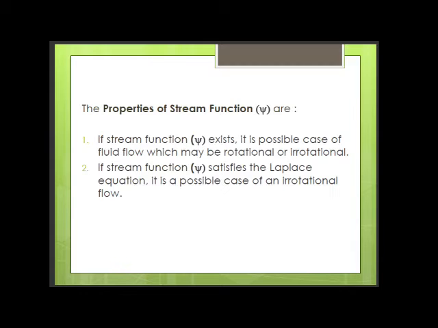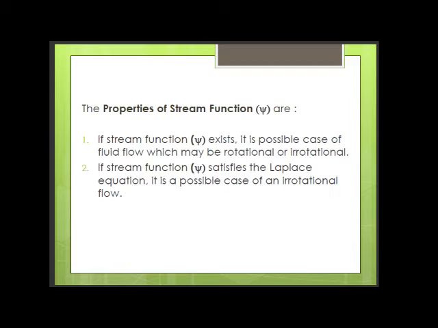Then from that we conclude the properties of this stream function. If the stream function exists, then it indicates a possible case of fluid flow, but this flow may be rotational or irrotational.